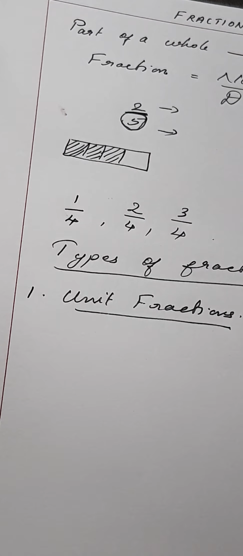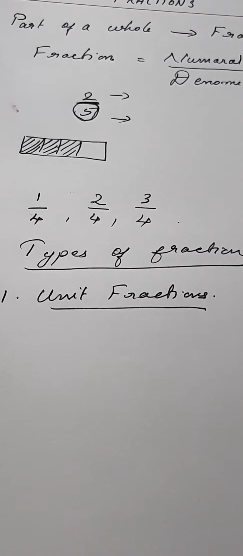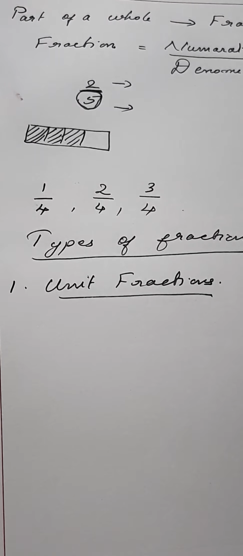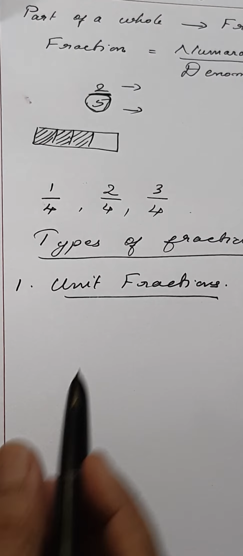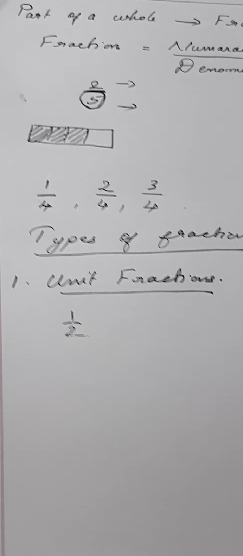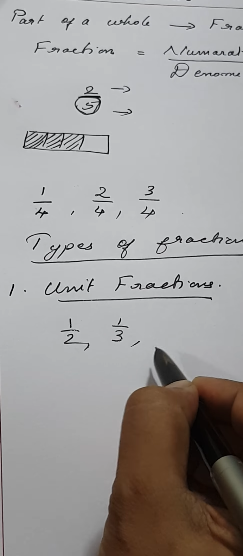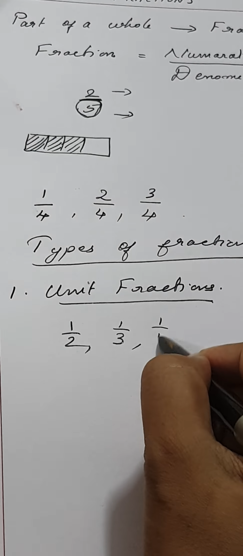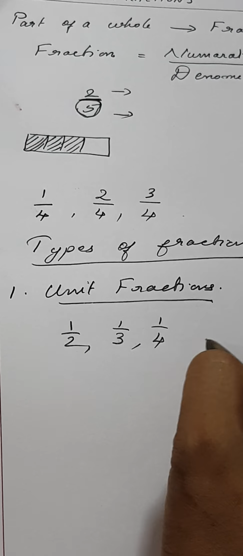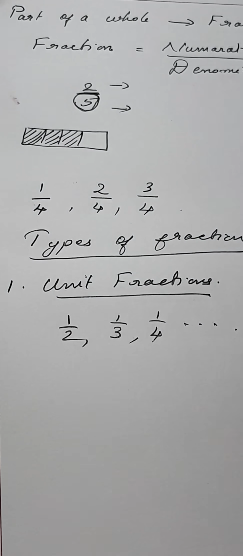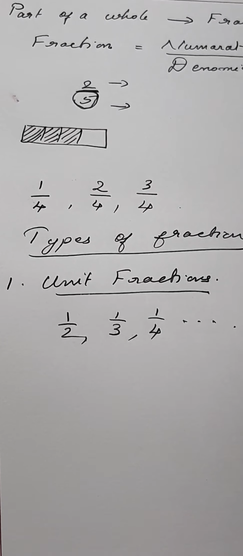If the numerator of any fraction is 1, then it is known as a unit fraction. Example, 1 by 2 is an example of a unit fraction. 1 by 3 is an example of a unit fraction. 1 by 4 is an example of a unit fraction, and so on. So if the numerator of a fraction is 1, it is called a unit fraction.